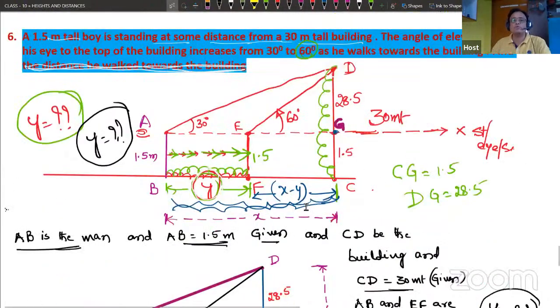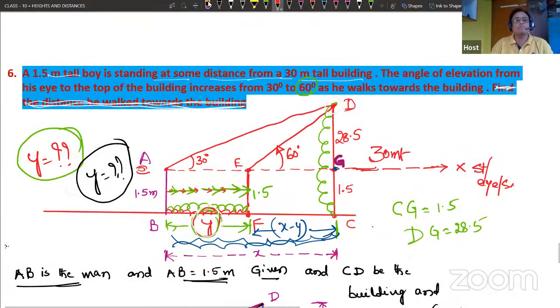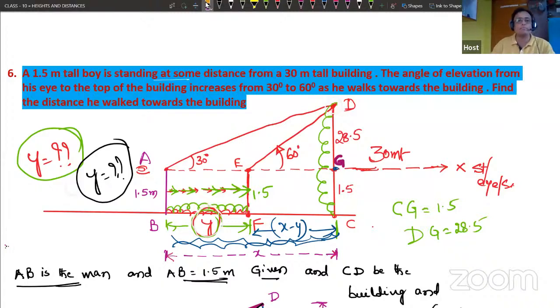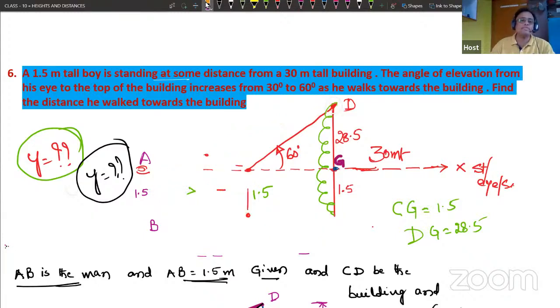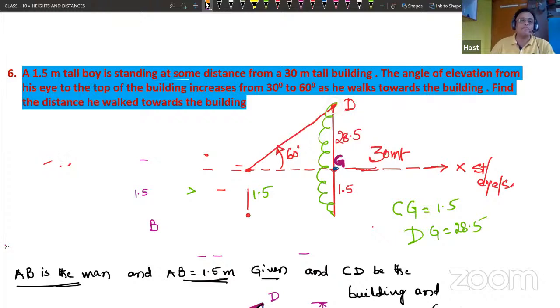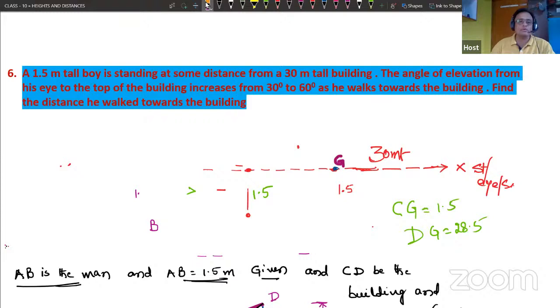Here the final question is to find the distance he walks towards the building. That is the question now. Already the rough diagram I've clearly given. So now we have to solve this problem. Now we have to concentrate. Angles of elevation I've already given. Read the question carefully now.